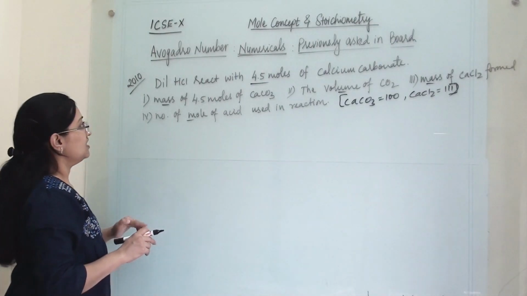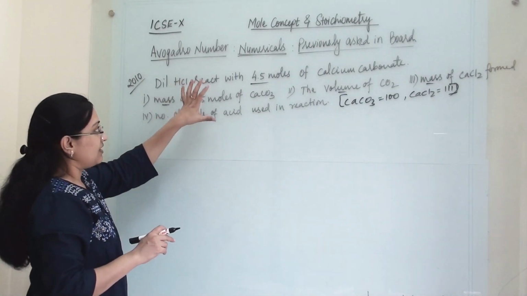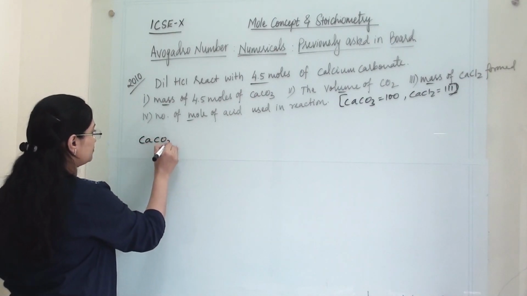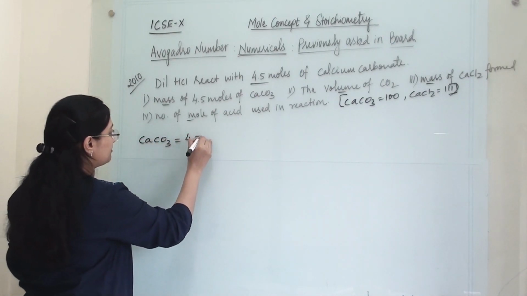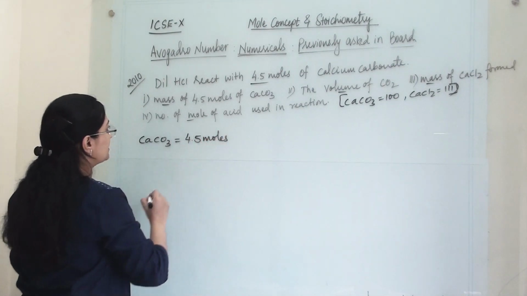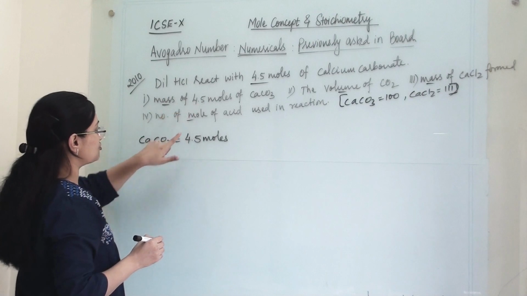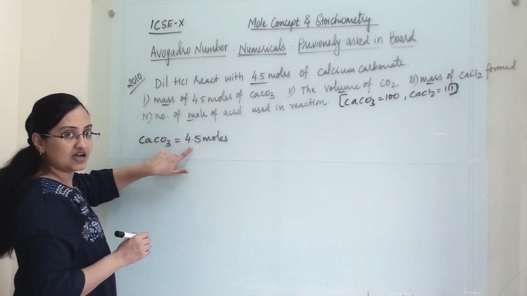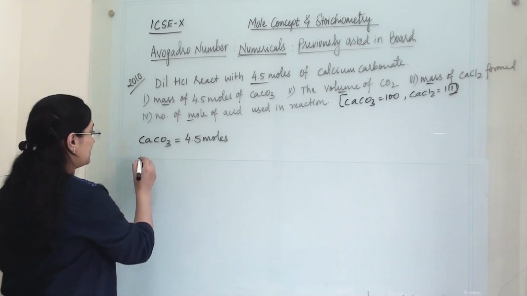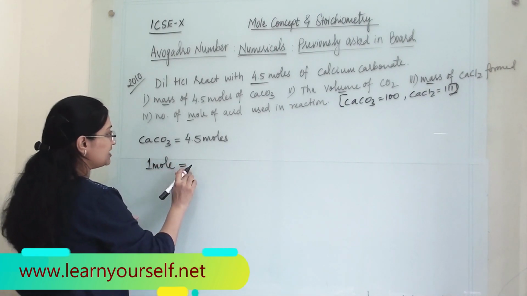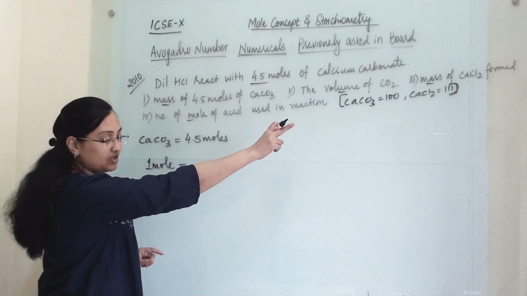Now first, what information we have? We have calcium carbonate's mole, that is CaCO3 equals to 4.5 moles we have. Now we have to find out mass of this much mole. So we have to find out mass for this many moles. Now for 1 mole, how much it will weigh according to its molar mass.